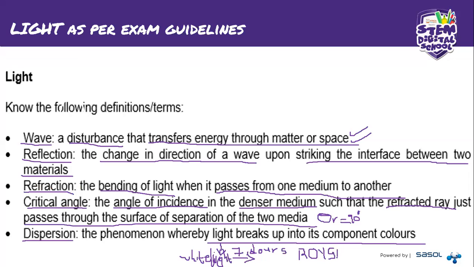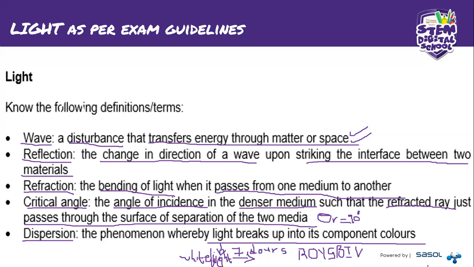So it will be red, orange, yellow, green, blue, indigo, and violet all together. So they form what we call ROYGBIV, but this is just a nice way of remembering all the 7 colors that white light breaks up into, or what we call visible light.